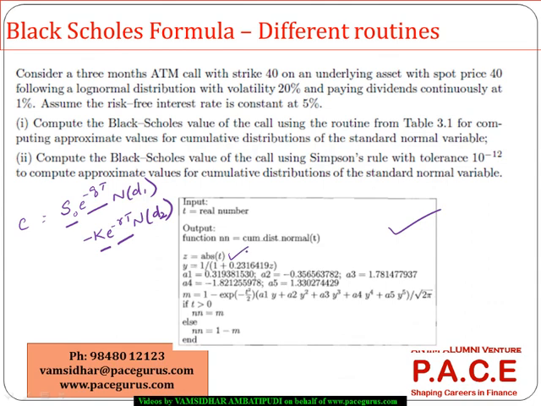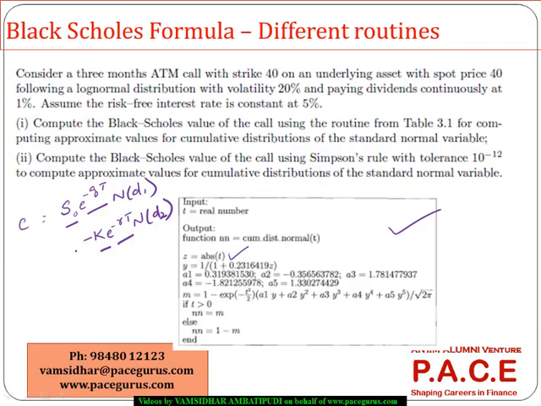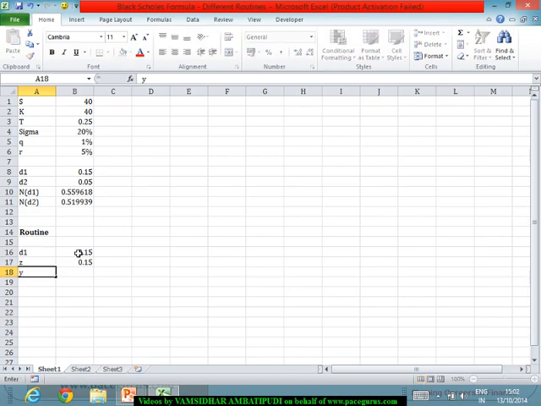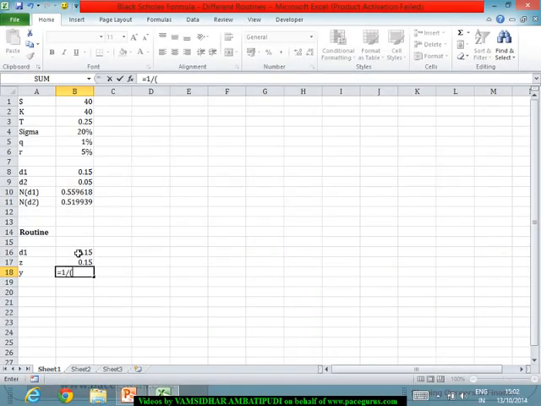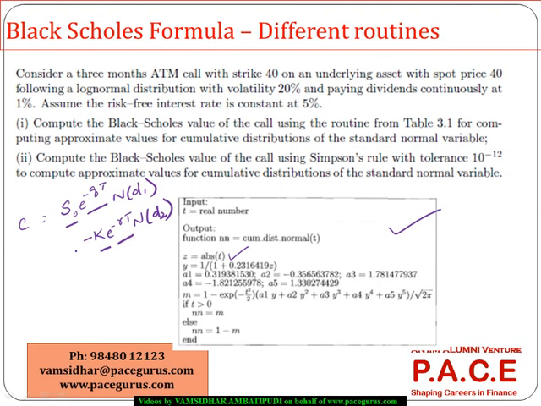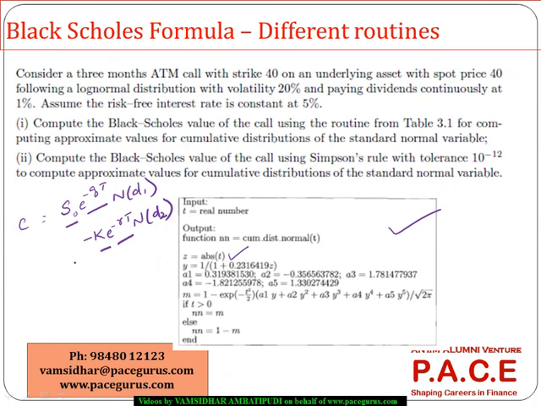Z is absolute value of T. So Z comes out to be the absolute value of T. Okay, this is what is Z. Then Y, which is coming out in this routine, 1 by 1 plus this much number times Z. So 1 divided by 1 plus 0.2316419 times Z. So this is what has worked out to be the value of Y.